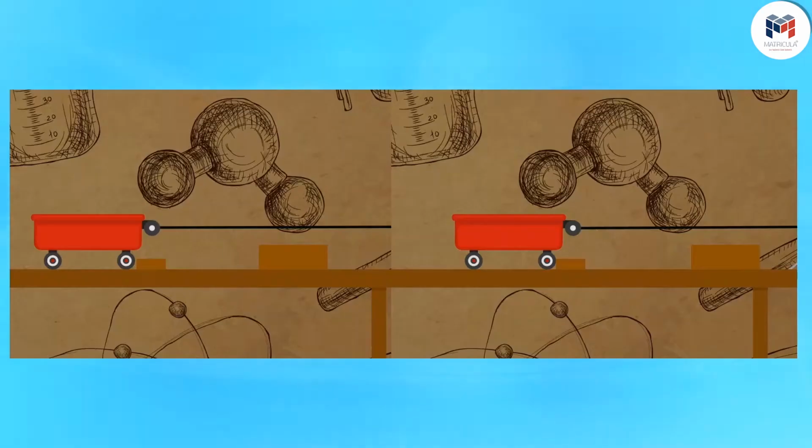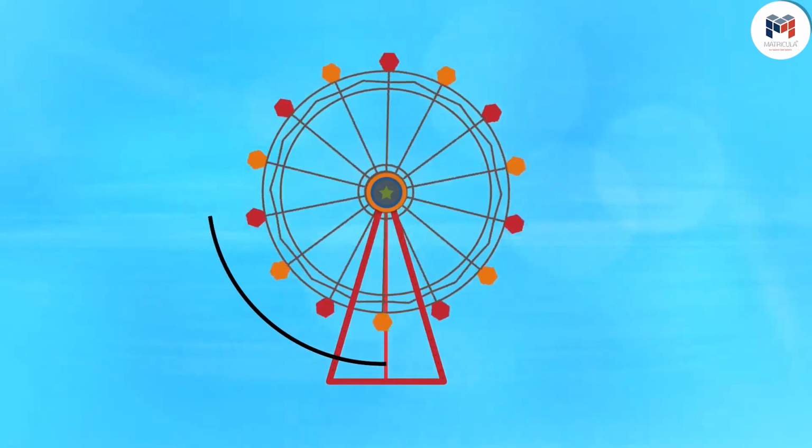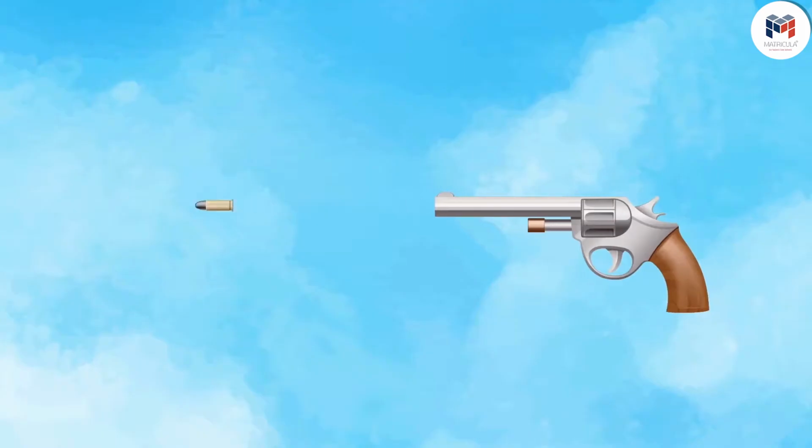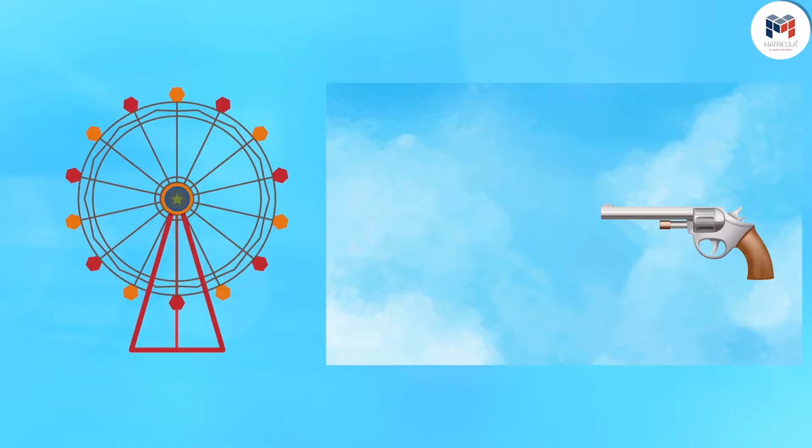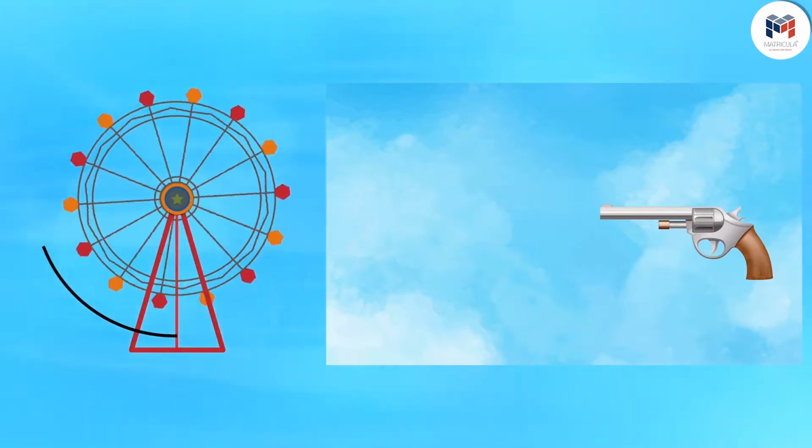The moving object is capable of doing work. A fast-moving object does more work than a relatively slow-moving object. Think of the rotating wheel or the bullet fired from a gun, both of which possess energy to do work.